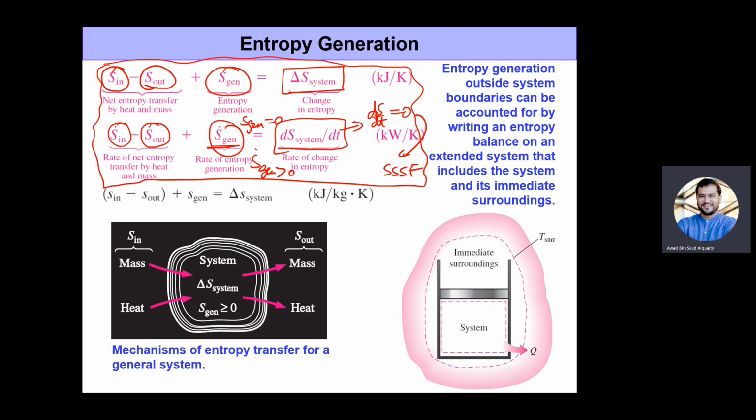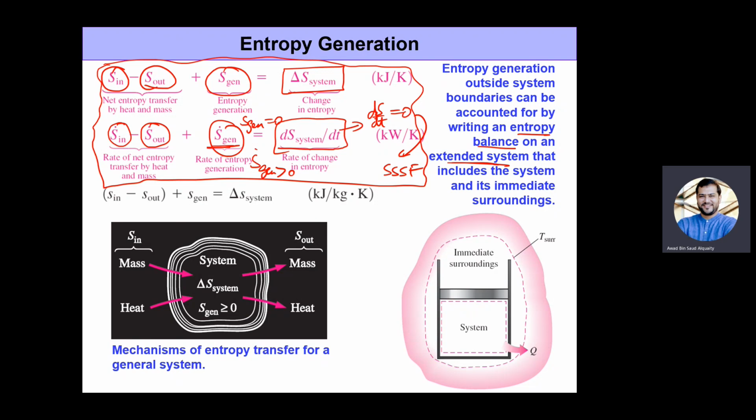Okay. Now, if you want to account for the entropy generation that is happening even outside the boundaries, we can certainly do it by writing an entropy balance on the extended system, right? On the system plus its immediate surroundings, such that we take the entropy generation in the immediate surroundings of the system also into account. Okay, so we do that in special cases when the question asks us to do it.